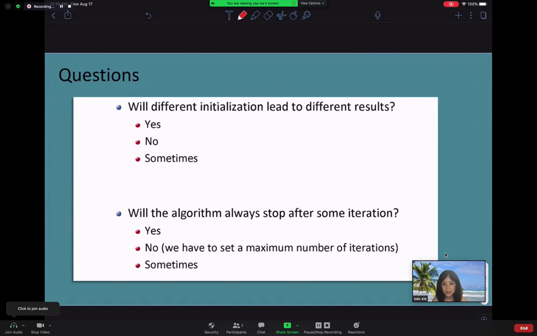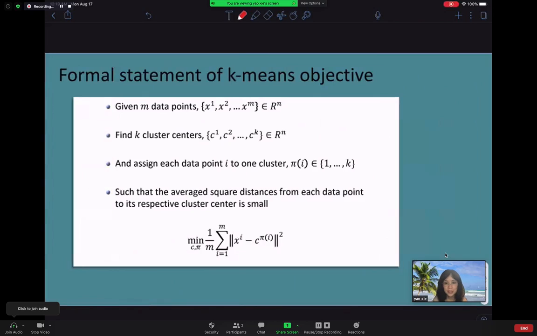And second question: will the algorithm always stop after some iterations? All right, for the first question, yes. For different initialization, you have different results. And for the second question, yes. We'll explain the answer to these questions in the next few slides.